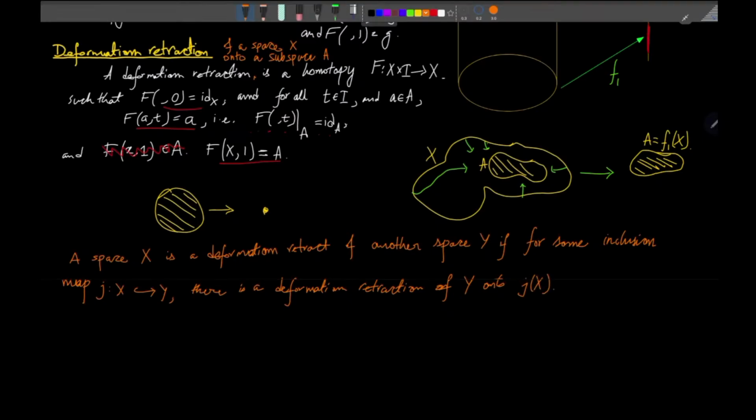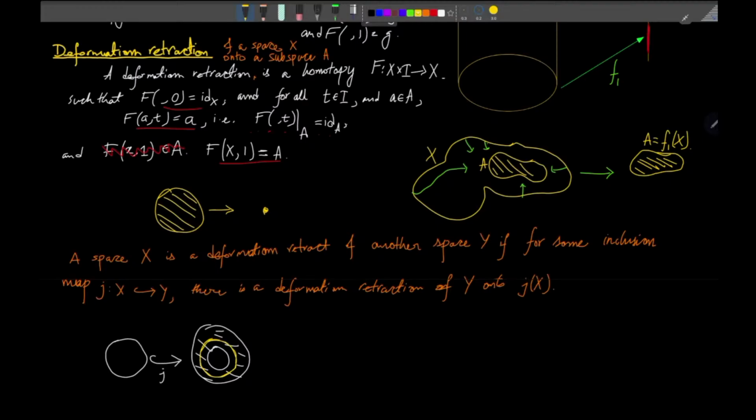So what this definition really means is that a circle is a deformation retract of an annulus, or a washer or ring, whatever that is called. A circle is a deformation retract of an annulus because you can have an inclusion map which takes this circle and includes it into the annulus like this, around the hole.